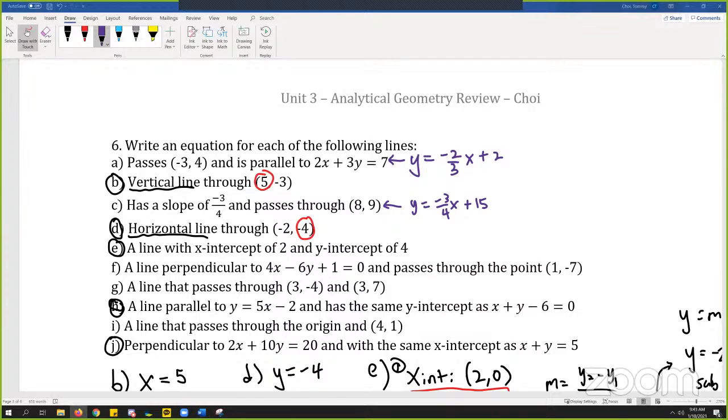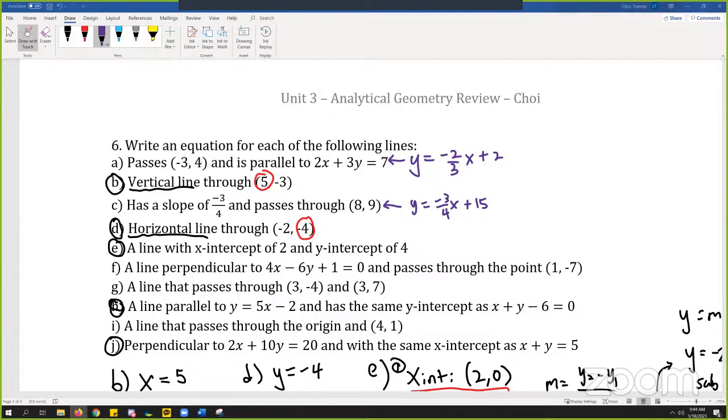Okay. If you ever have a question or you want me to explain a little further, just let me know in the chat. For question F, it says it has to be perpendicular to that line and passes through this point. So, of course, you have to first solve for the slope of the first line and then find the negative reciprocal of that. The slope of the first line you should have gotten is a positive 2 over 3, which means it should be negative 3 over 2 as your slope.